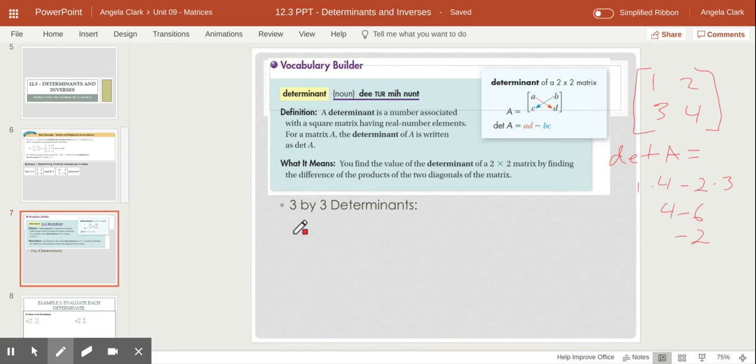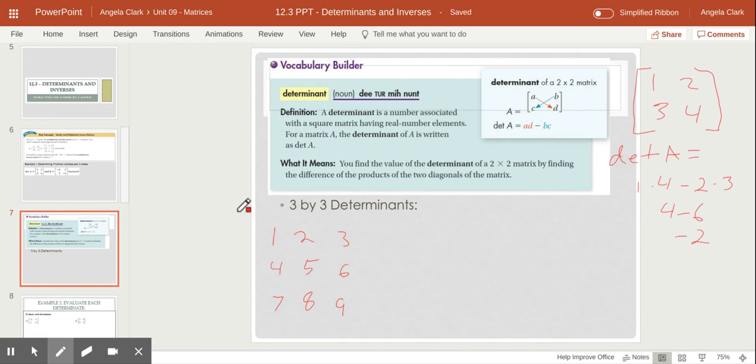Okay, so let's look at what we would get for a 3x3 matrix, because that's a little bit more complicated. Say this is my matrix.